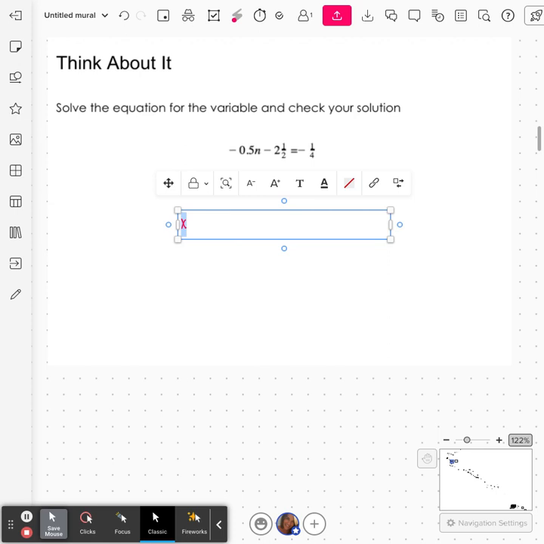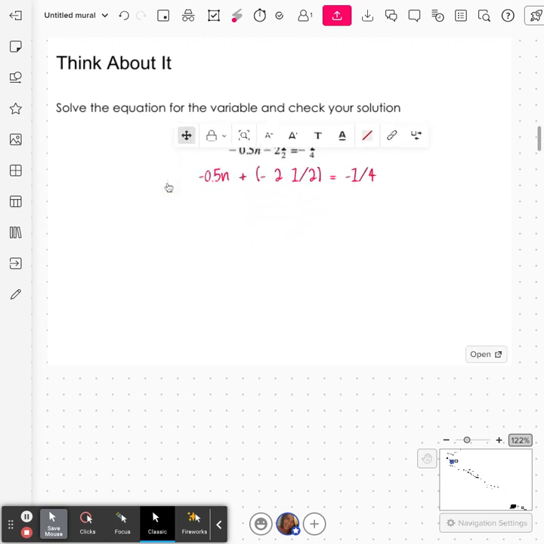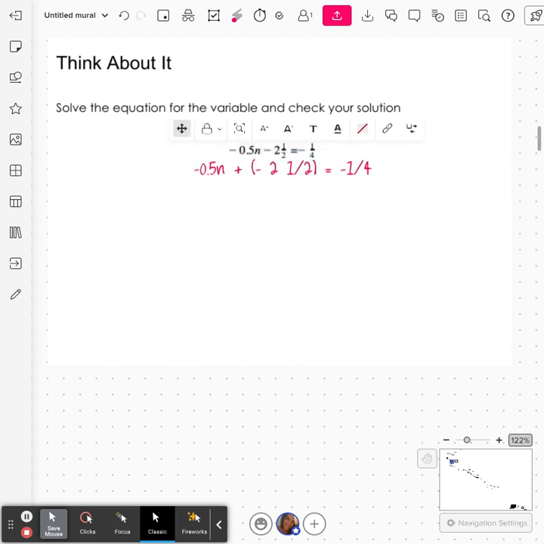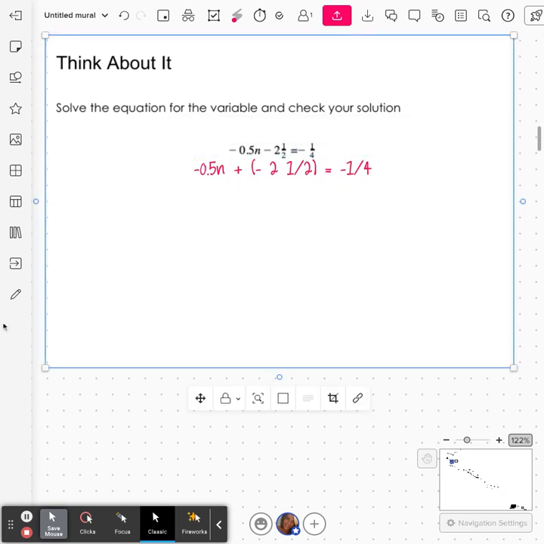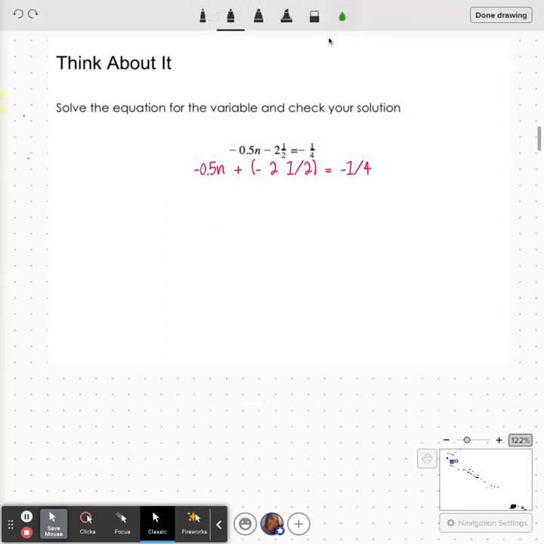So that will be negative 5/10 n plus negative 2.5 equals negative 1/4. Now that I've rewritten the subtraction as adding a negative, I want to start solving.